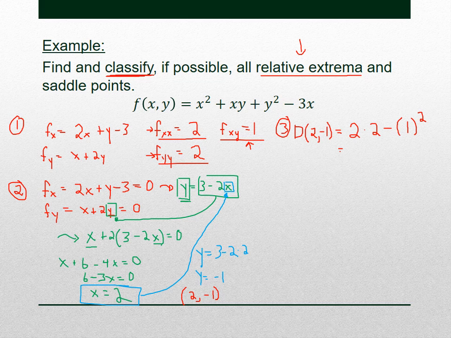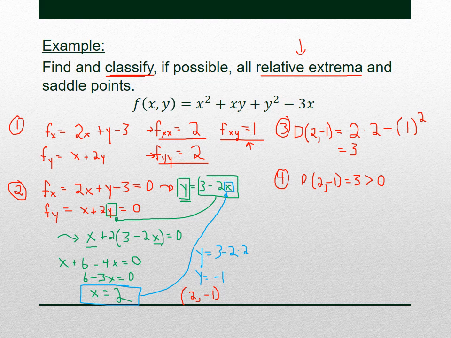So what do we get? 2 times 2 is 4, minus 1 squared is still 1, so 4 minus 1 is 3. So from step 3, we got that D of (2, -1) is 3.